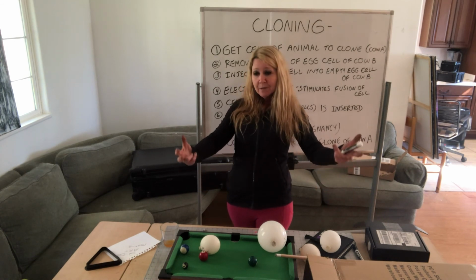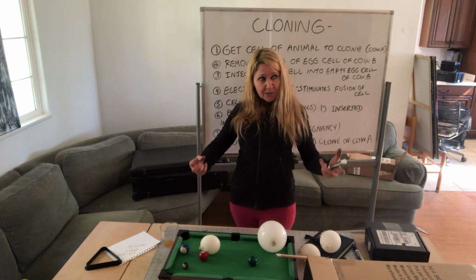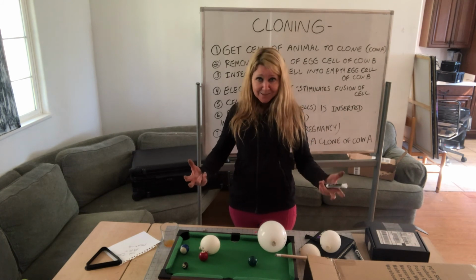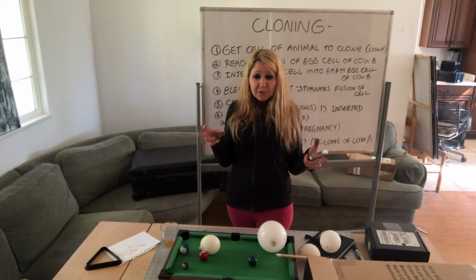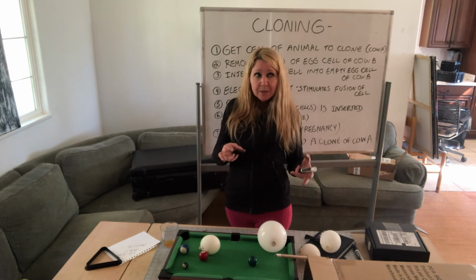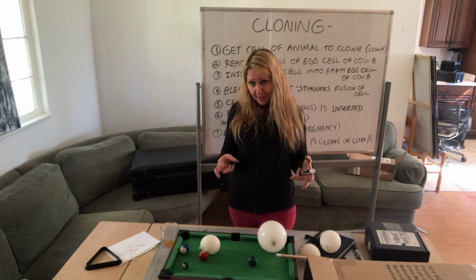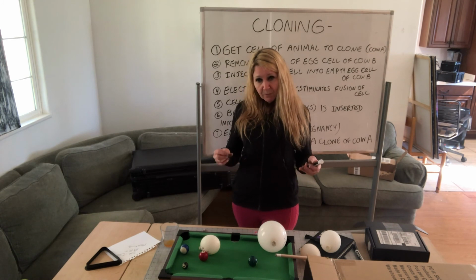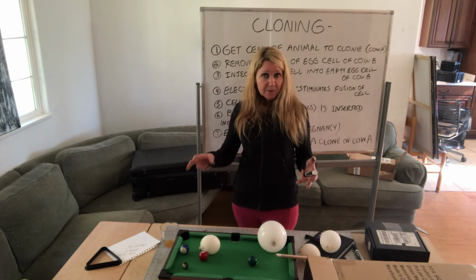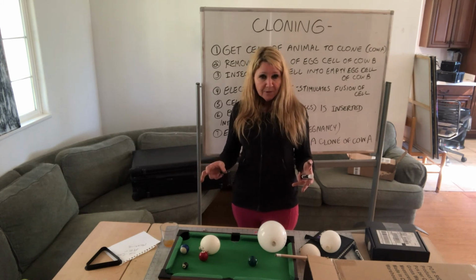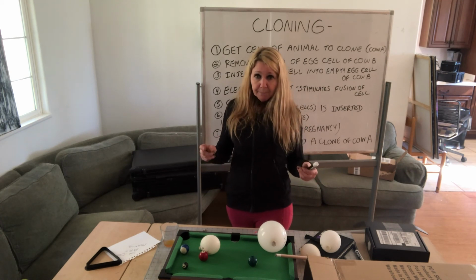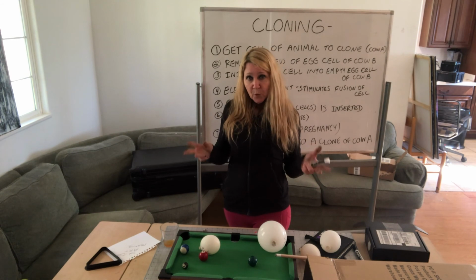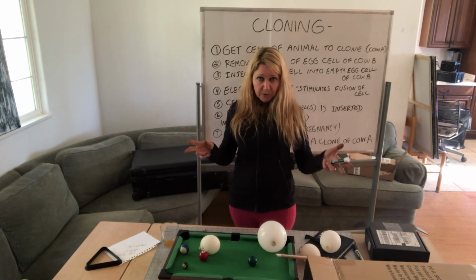So if we can genetically engineer cows that are less gassy, not just give them Rolaids or something, but genetically change their DNA so they produce less gas, then we could maybe clone those cows and have less of a negative effect on the environment. So that is one possible use for cloning.